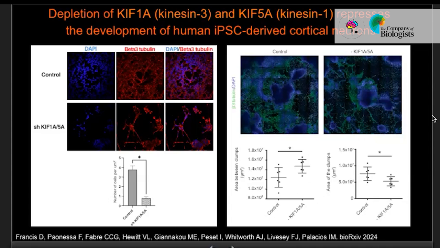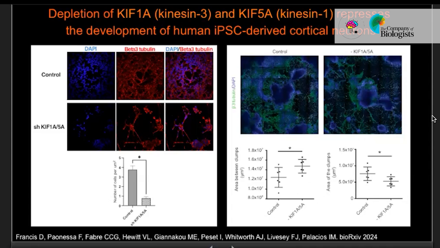So definitely, as in the fly, and it's not surprising really, reducing KIF1A and KIF5A affects neurogenesis. We don't know yet, and we are looking into this now, whether it's affecting neurogenesis, so neuronal progenitors becoming neurons, or neuronal survival once you have a mature neuron.